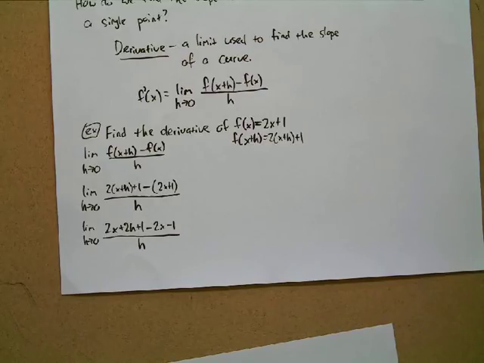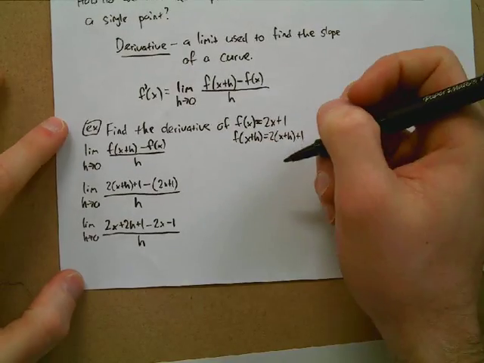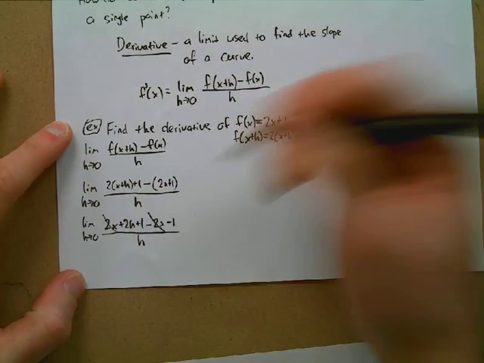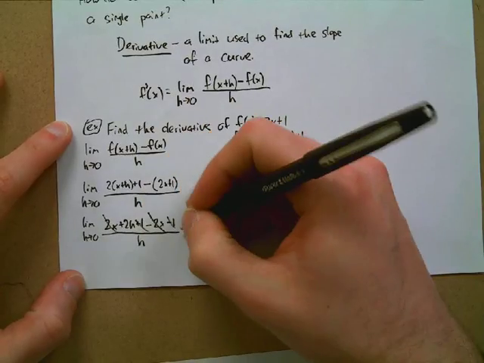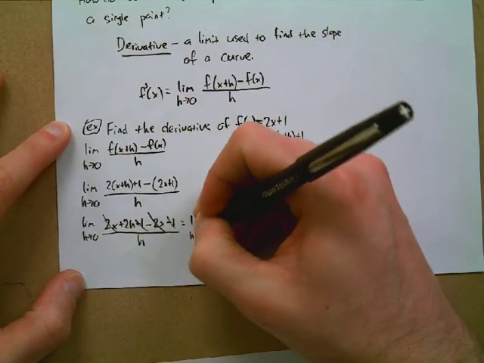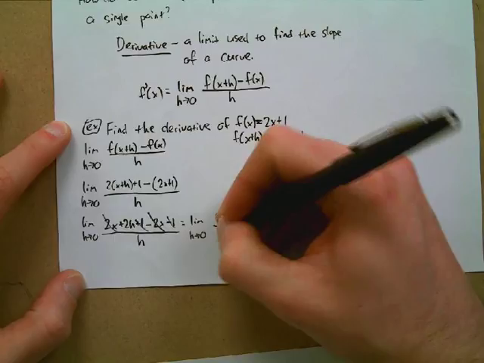Does anything cancel? The 2x's. Anything else? The 1's. And so we're left with the limit as h approaches 0 of just 2h over h. But then what cancels now? The h's. And oh my gosh, it's 2.